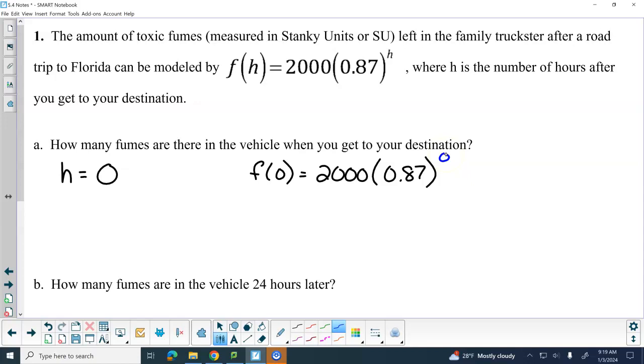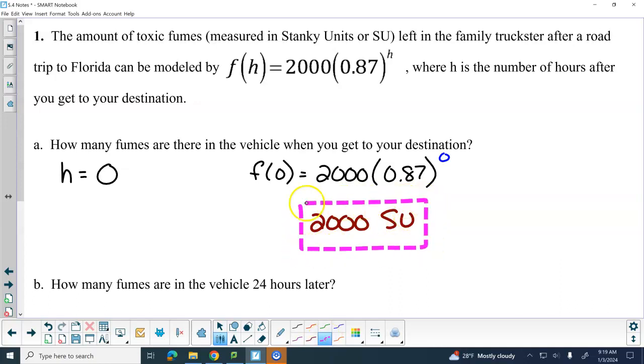Anything to the 0 power is 1. 1 times 2,000 is 2,000. So there are 2,000 SUs in the Vanley Truckster when you get to your destination.